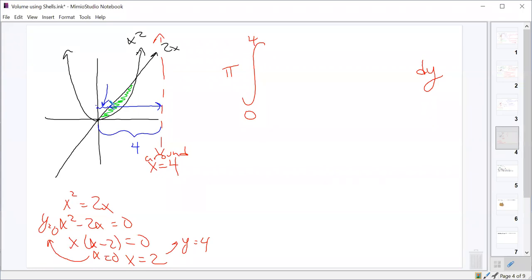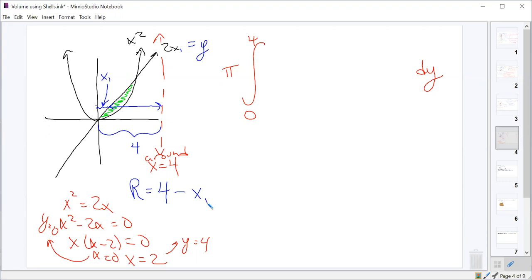It is an x, but an x that is from which function? From the 2x function. So I'm going to just call that x sub 1, and that's x sub 1. You don't have to do that, but I just want to differentiate between the different x's. So this is the x from y equals 2x. And so our outer radius ought to be 4 minus x sub 1. Can I use x sub 1? Why can't I use x sub 1, Tom?